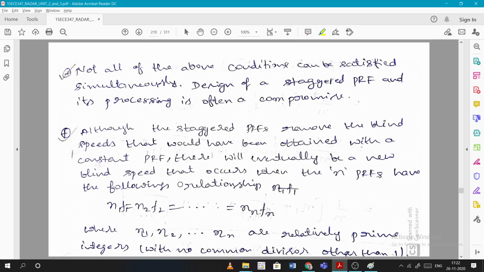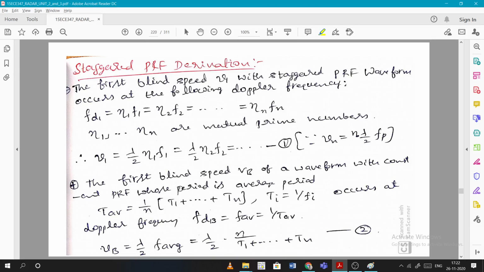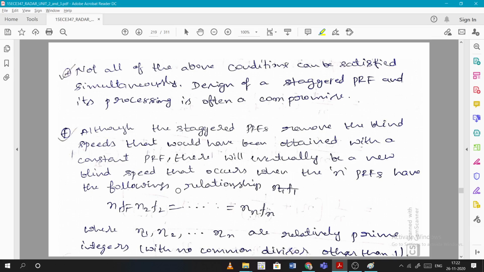First, we take the condition with N PRFs: n1 f1 equals n2 f2 equals n3 f3, and so on to nN fN. This condition should be satisfied where n1, n2, ..., nN are relatively prime integers, prime numbers actually, with no common divisors, like 2, 3, 5, 7, 11.